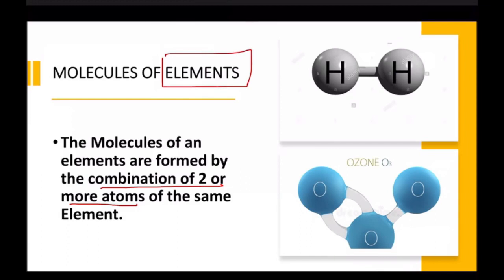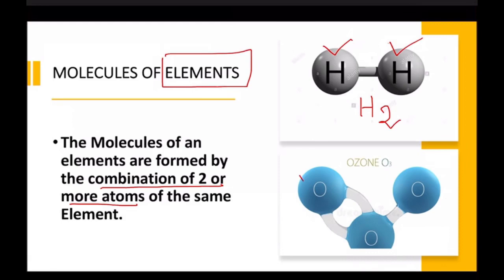Sometimes it might be one element also, like helium. Now here you see we have got one hydrogen atom combining with another hydrogen atom and making a molecule of hydrogen represented as H2.